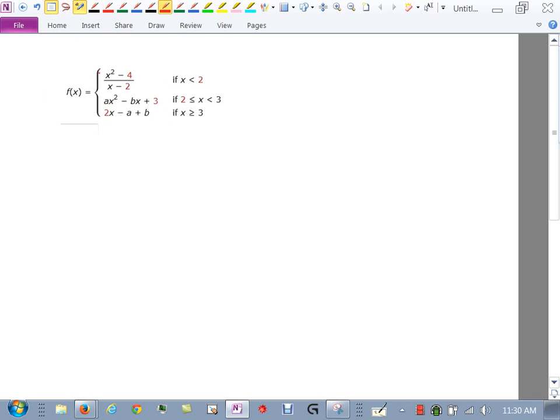Okay, so what we have here are 3 functions, and we have something happening at 2 and at 3, where our function switches. To the left of 2, it's doing something, and I'm just going to say it's doing that.